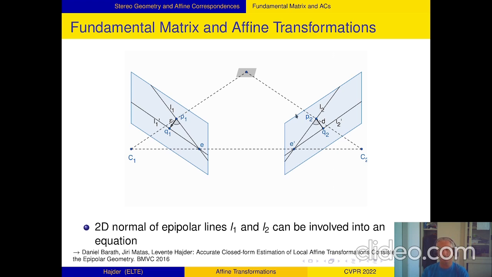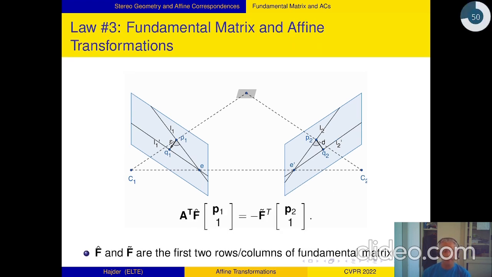The ratio of d and epsilon shows how the perpendicular lines are magnified, so we can write it for the affine transformations.